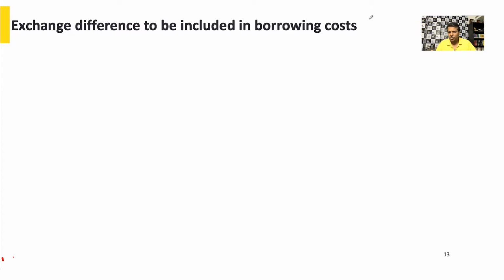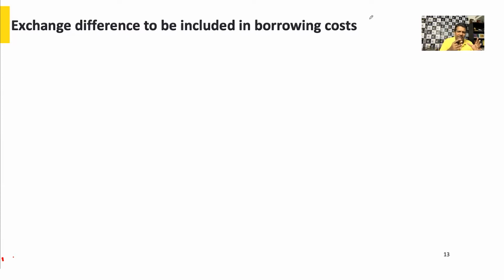If you are exposed to the currency risk, the standard permits you to also look at that currency loss. There is also a possibility that you actually may have a currency gain, right? If you have a currency gain, that anyway straight away goes to profit and loss account. That is not required to be considered under Ind AS 23.